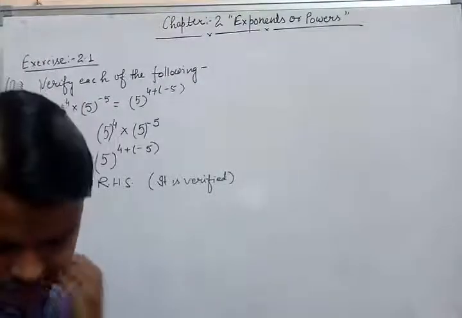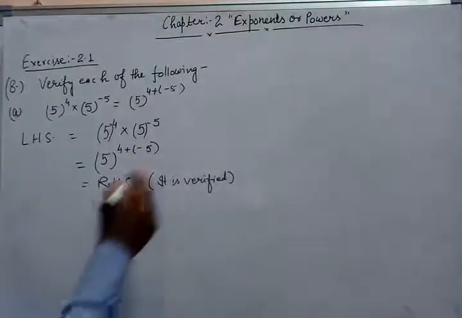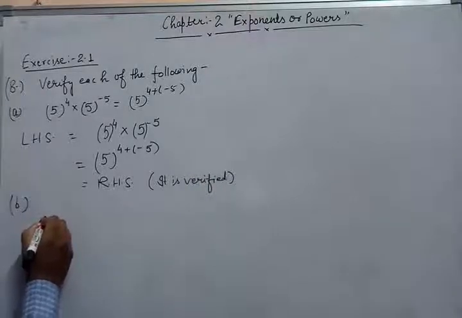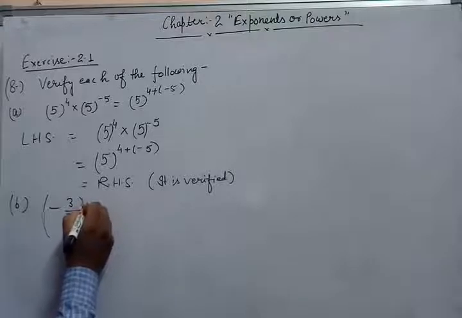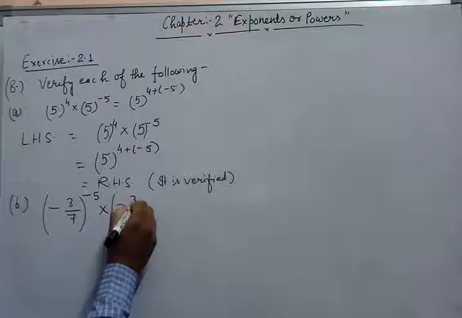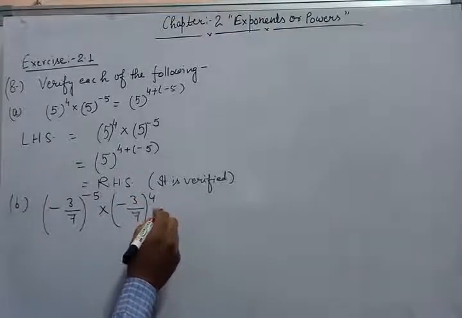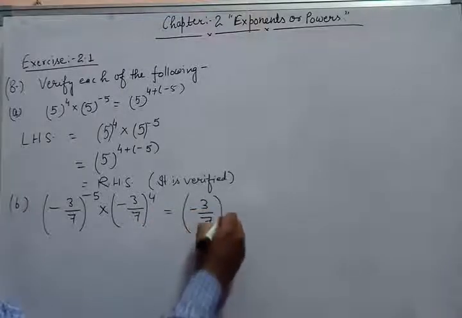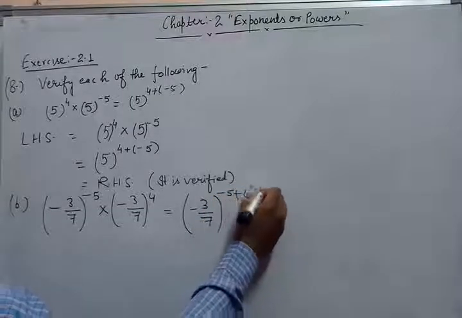Now moving on to the next question. Question number B is minus 3 upon 7 to the power minus 5 into minus 3 upon 7 to the power 4 is equal to minus 3 upon 7 to the power minus 5 plus 4.